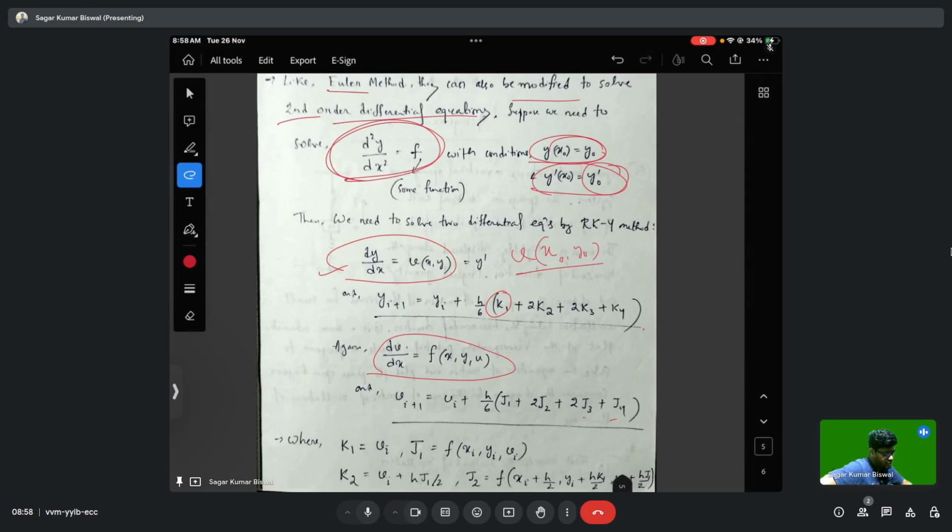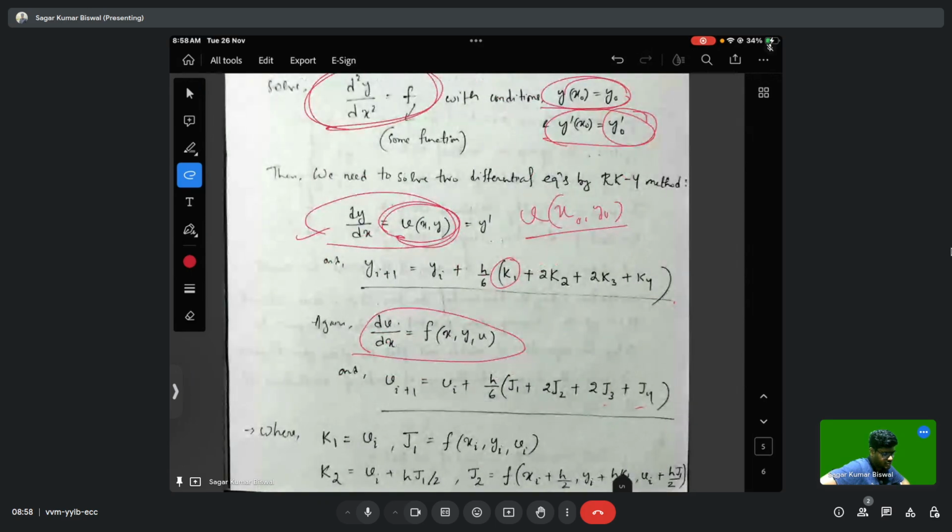But you don't actually have u at x0, y0, because you don't know this variable. You don't know its value because you are introducing a new variable. That is why you need to choose this k1 as ui.